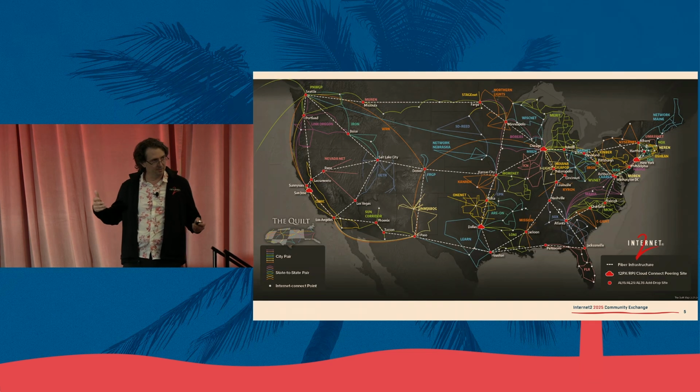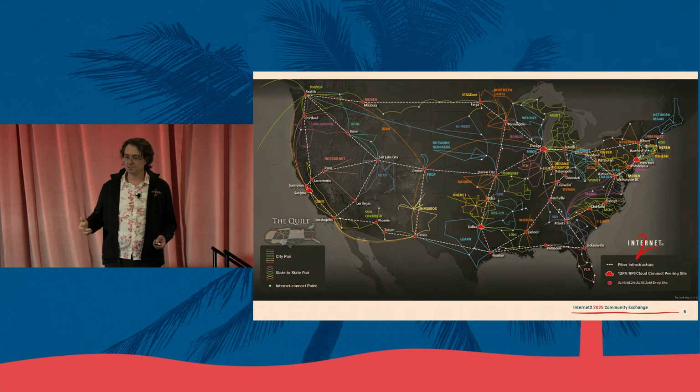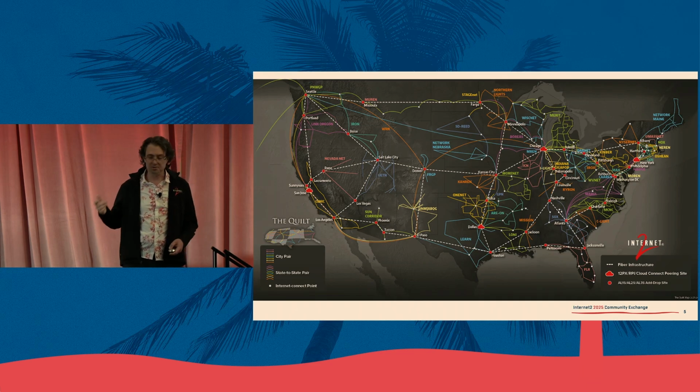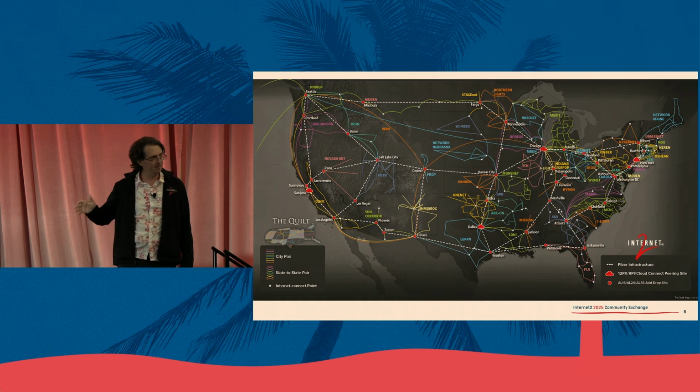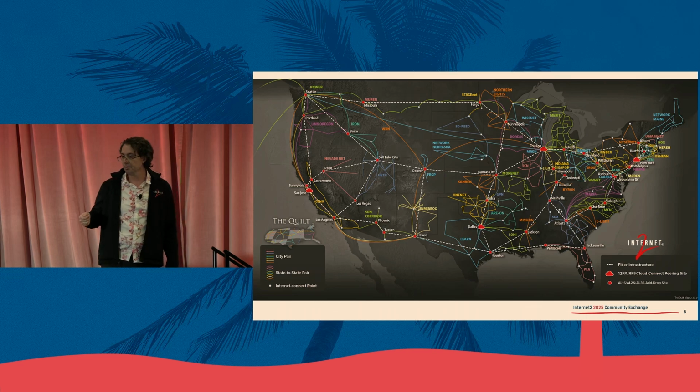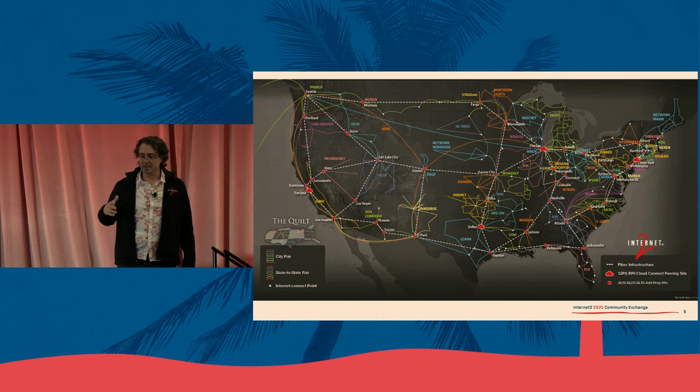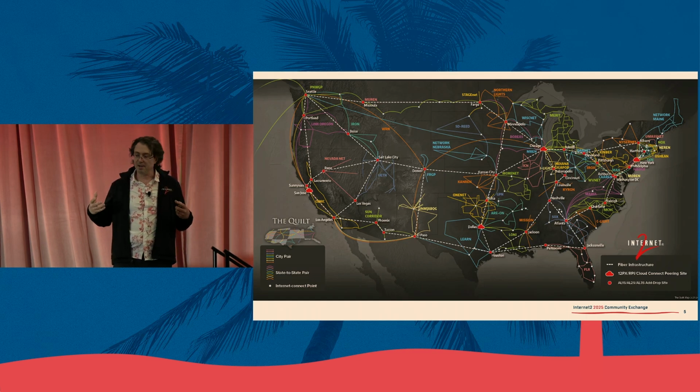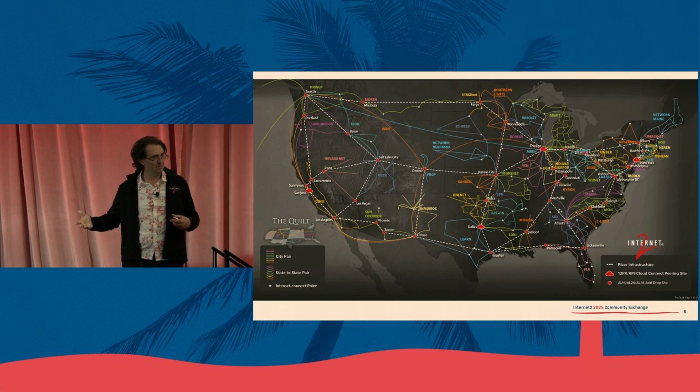Of course, we're part of the larger ecosystem, which is going to come up several times in the course of my content. This is the Quilt map. This is one of my favorite maps, actually. I'm kind of a map person in general. I love a good map, and I love this one because it shows the Internet2 infrastructure overlaid on the regional state network infrastructure, and it kind of just gives a vision of how complex the nature of the ecosystem is.